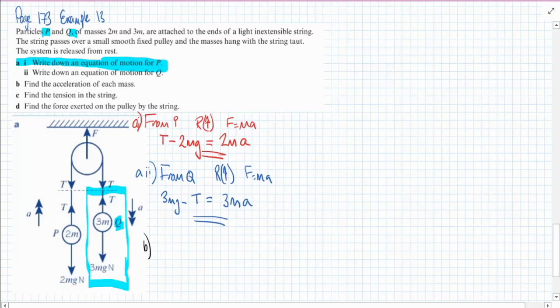On B, I'm asked to find the acceleration of each mass. Well, similar to how I've done it before: positive tension here, negative tension there. Add equation 1 to equation 2. Simplify and divide through by m.